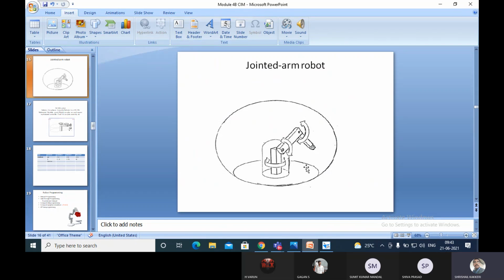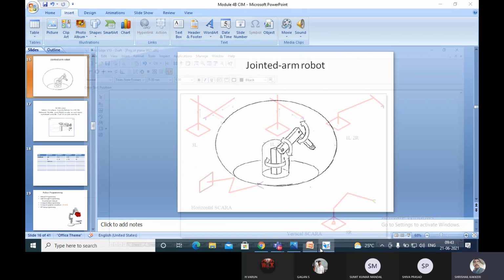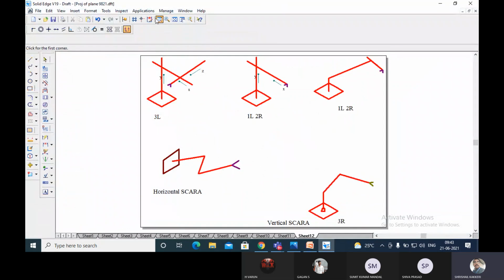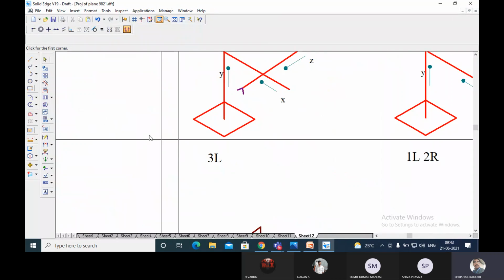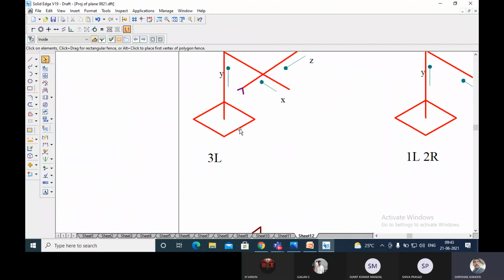One thing, the work volume generated by these robots will not have a proper shape, and this is very, very important. The work volume you have to show. If you show this much, it is more than enough. The work volume generated by these robots I'm talking about.